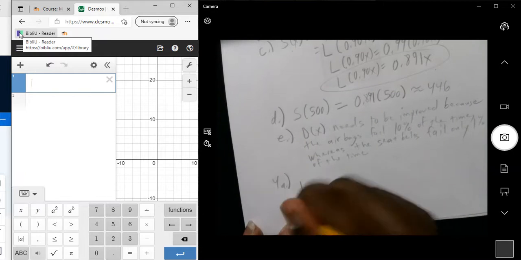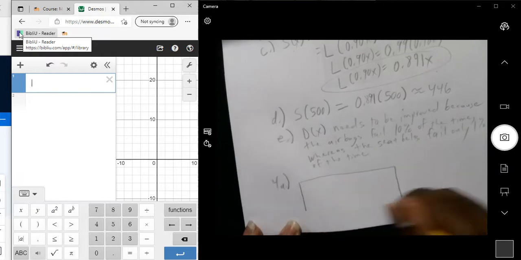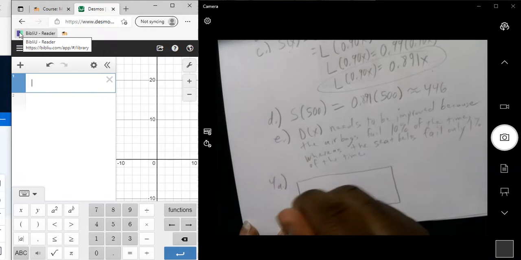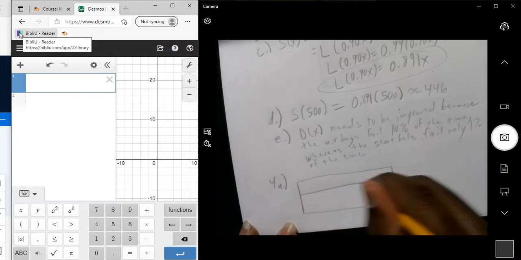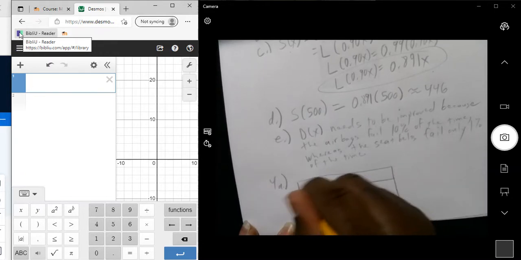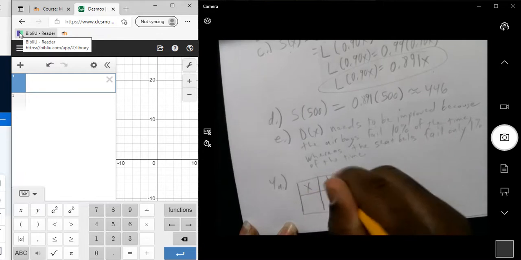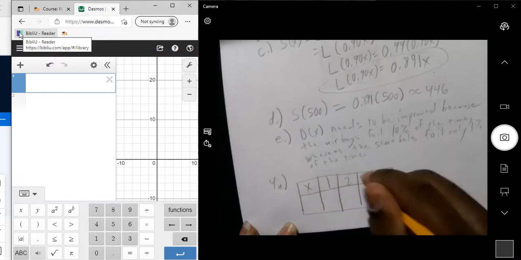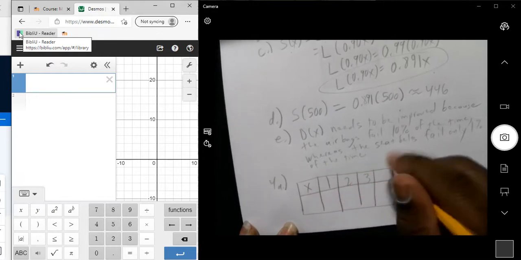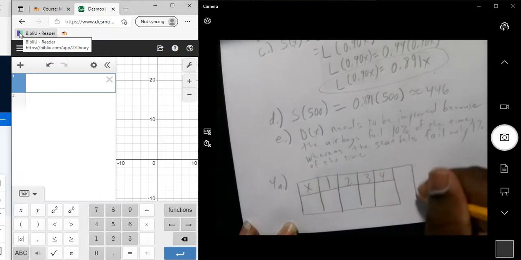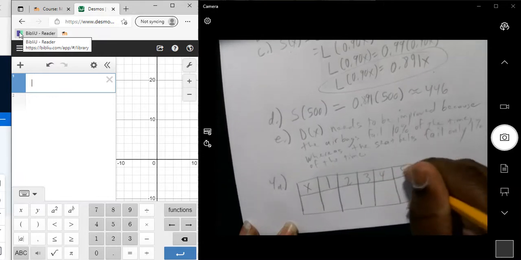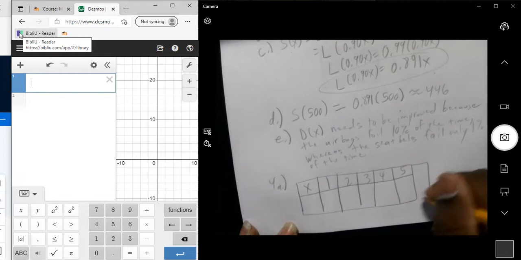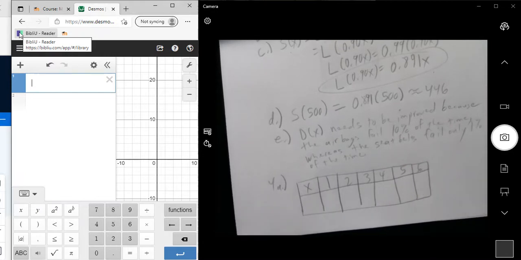I'm going to draw the last table. All right. That's 4A.